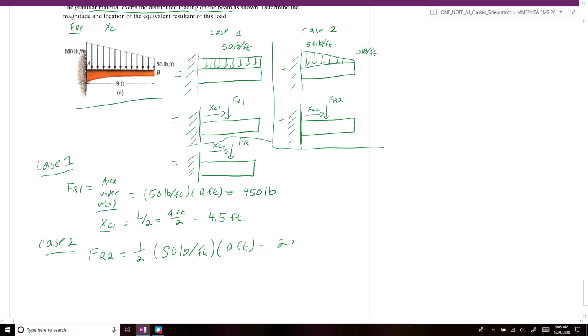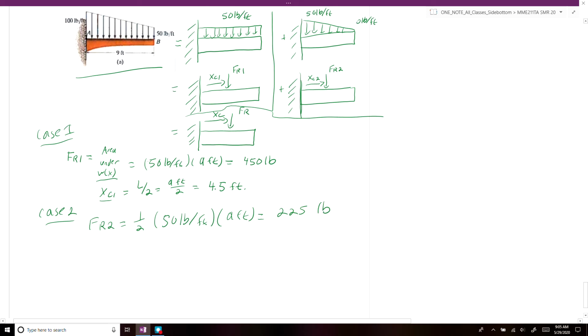So this would be equal to 225 pounds. And then FR2 would be located at the centroid of our triangle. The centroid of a right triangle is equal to 1/3 times the base, so it's going to be equal to 1/3 times 9 feet, and that's going to be equal to 3 feet.